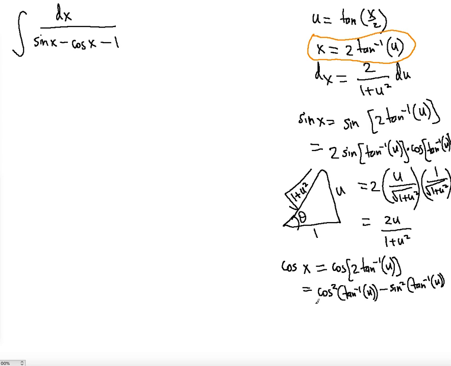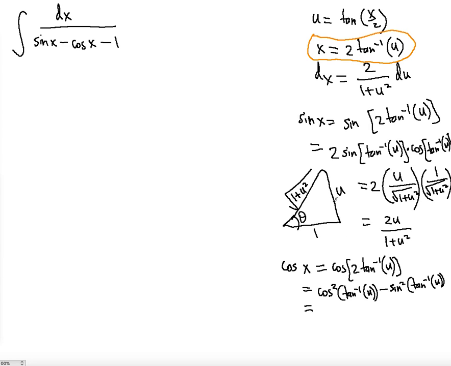We're going to use this identity. Or you can use 2 times cosine squared arctangent of u minus 1, or 1 minus 2 sine squared of arctangent. You can use that, but I just want to use this one because I like it.